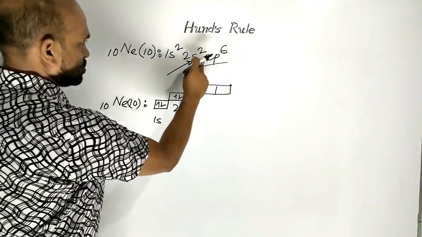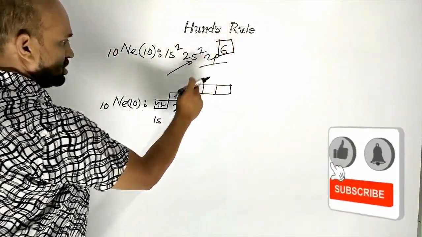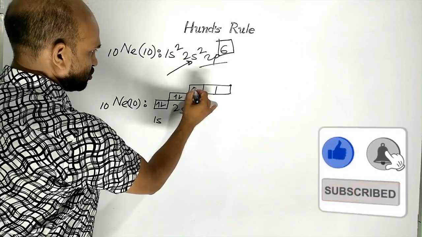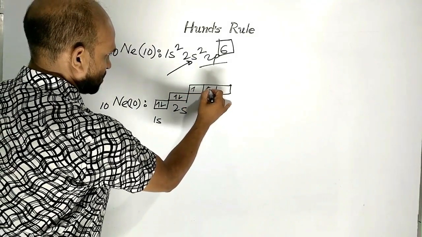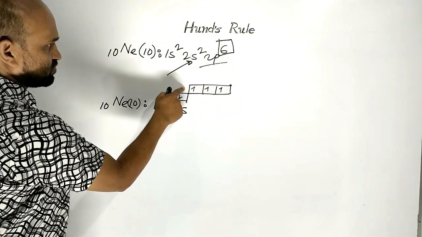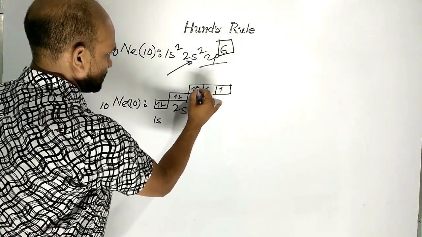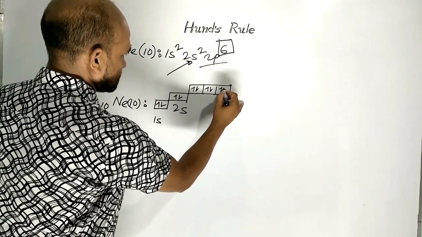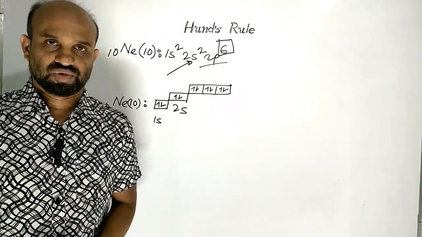Now, 2p orbitals contain total 6 electrons. 6 electrons will be distributed in this way according to Hund's rule. First of all, electrons will be distributed one by one with the spin of same direction. Then another 3 electrons will be distributed as pair according to Hund's rule.